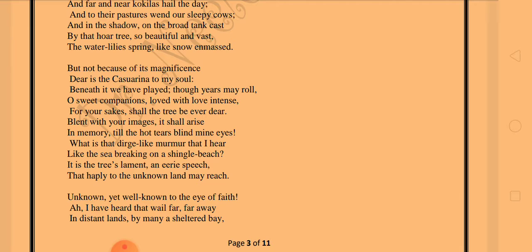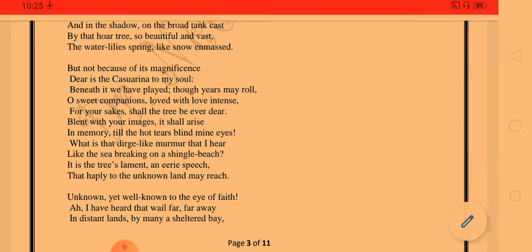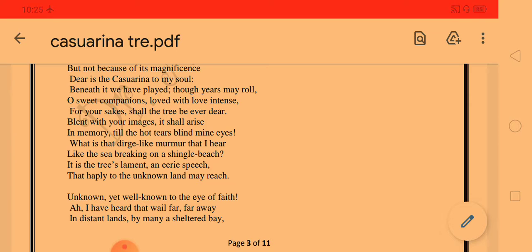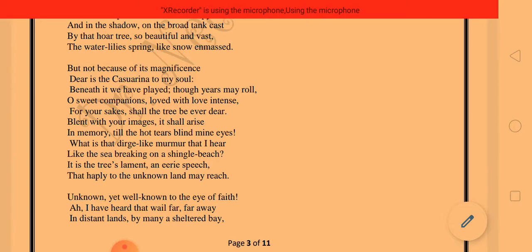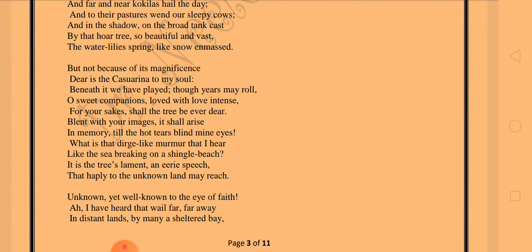Blent with your images, mixed images. When I think of you, the tree also comes into my mind. It shall arise in my memory till the hot tears blind mine eyes. Although years may pass, although I will go towards old age, this tree will always be in my mind. It will always come before my eyes whenever I think of you, and whenever hot tears will blind mine eyes.